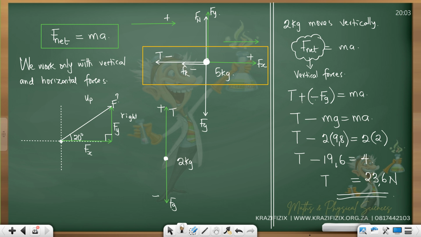Remember, you are only working with vertical and horizontal what? Forces. Always give a direction. Choose the direction of motion as positive. Please, you cannot succeed if you don't put plus and minus. Very, very important.